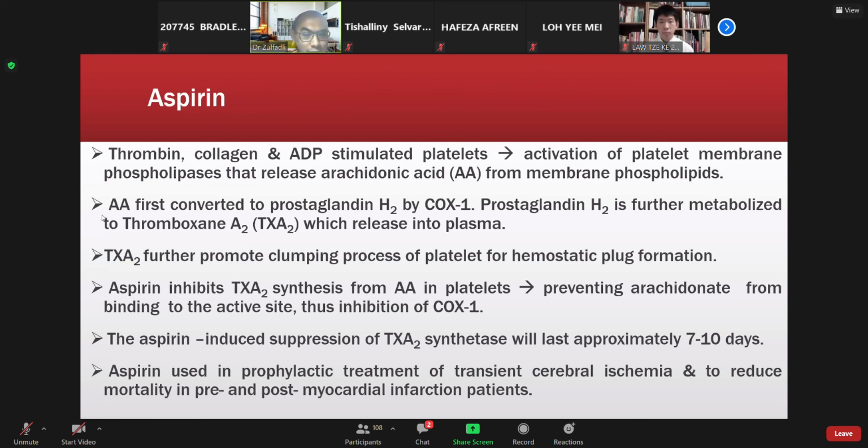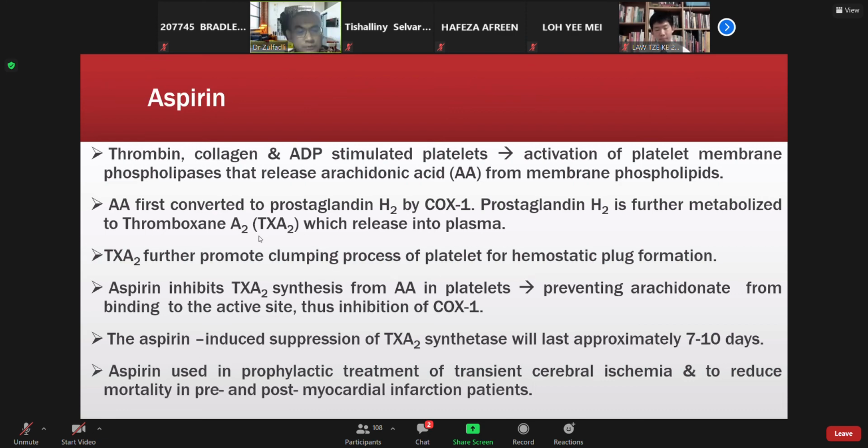The arachidonic acid is first converted to prostaglandin H2 by the enzyme COX-1, and then prostaglandin H2 is further metabolized to thromboxane A2, which is released into the plasma. This thromboxane A2 will further promote the clumping of the platelets for hemostatic plug formation.